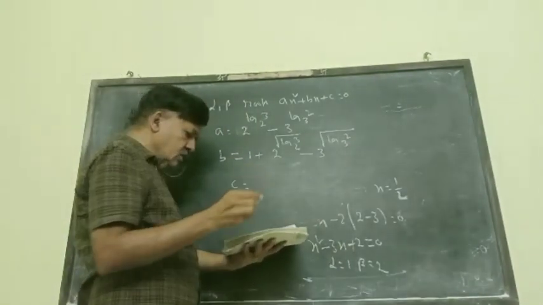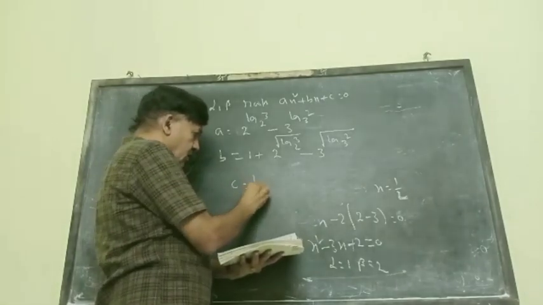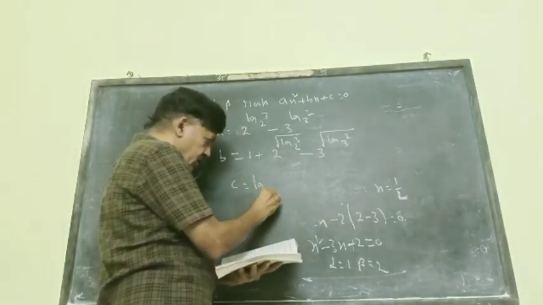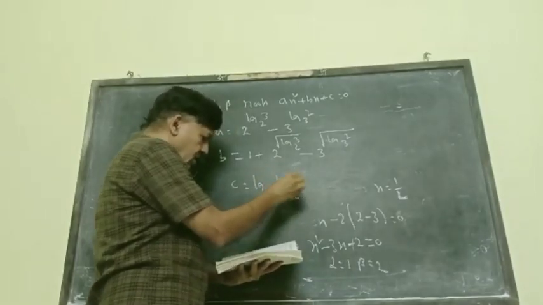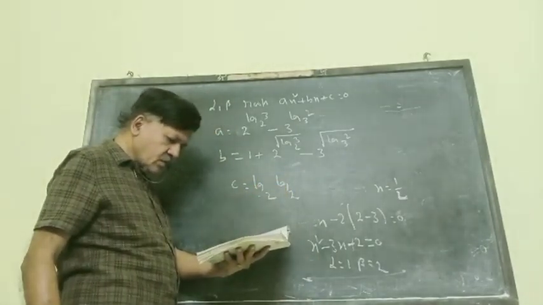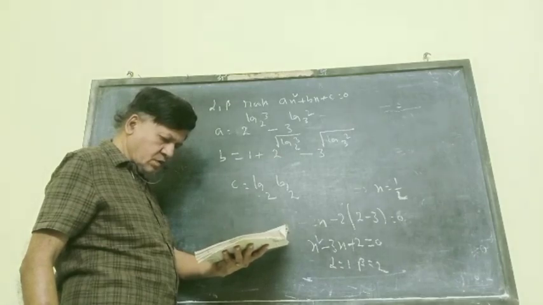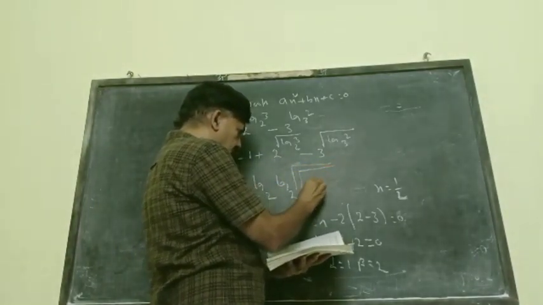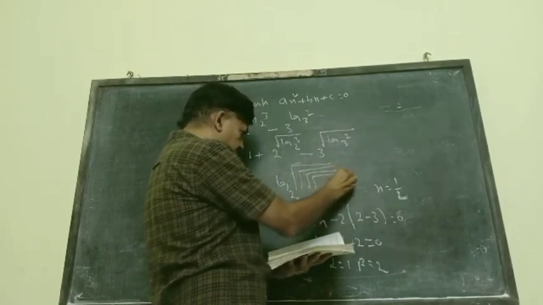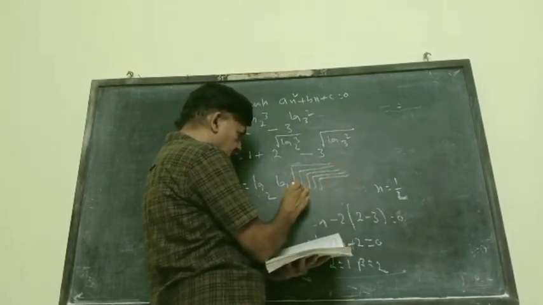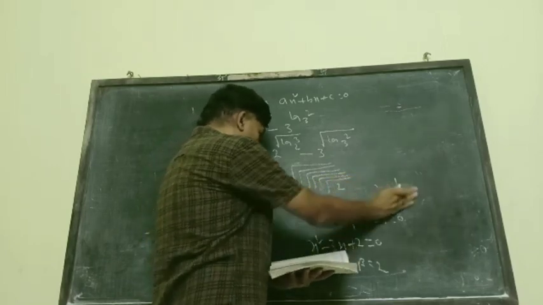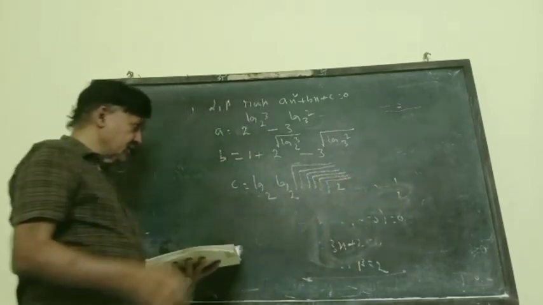C is equal to log to base 2 of log to base 2 of square root of square root of square root of square root of square root of square root of 2. Like this, 6 square roots.